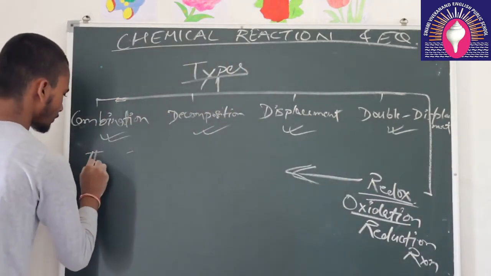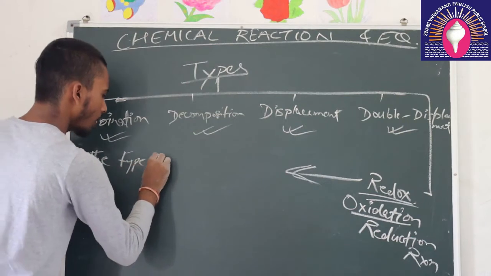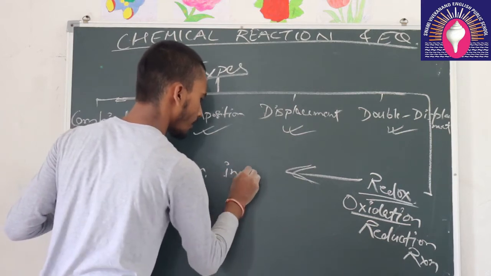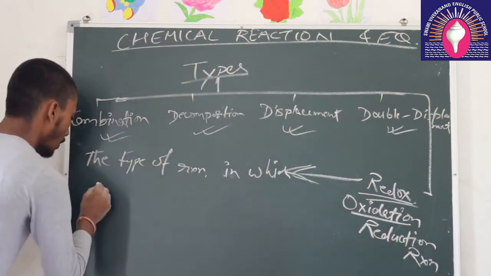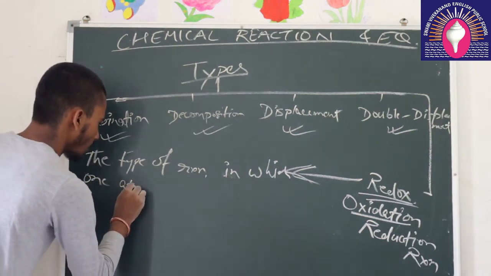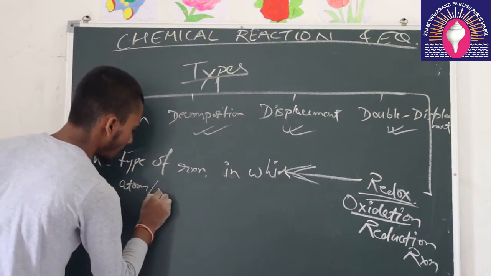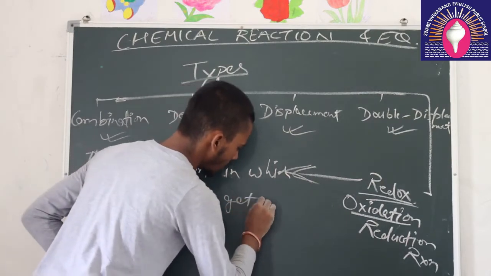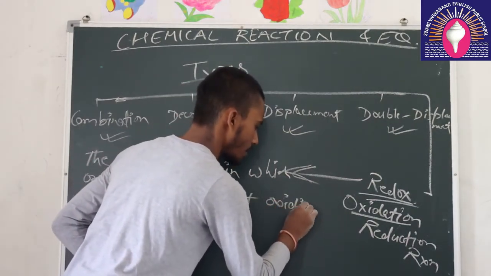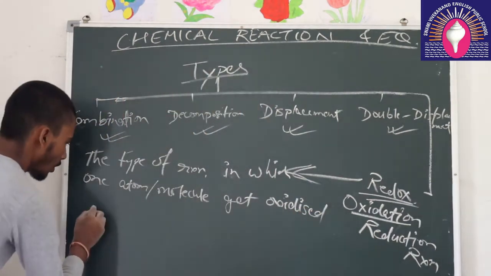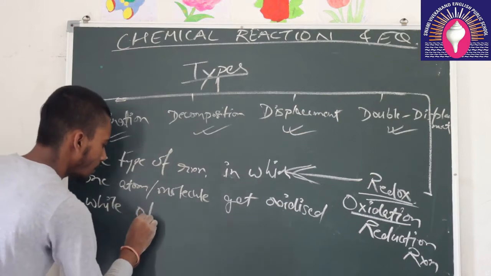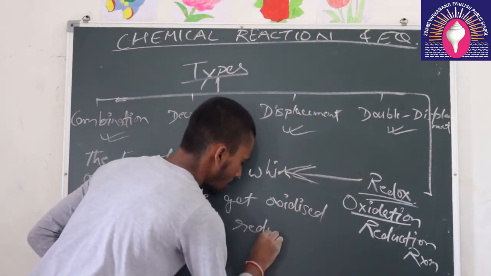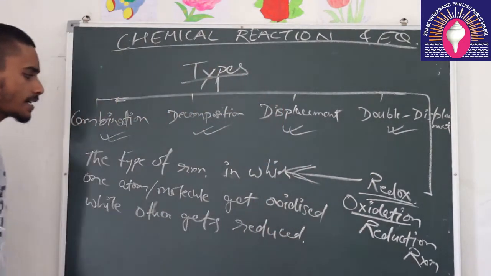The type of reaction in which one atom or compound, atom or molecule, gets oxidized while the other gets reduced is known as oxidation reduction reaction.